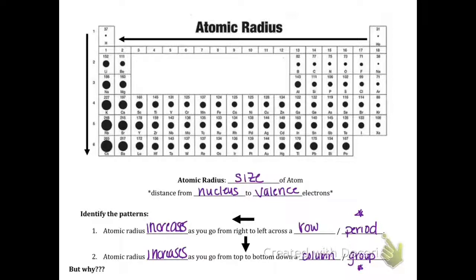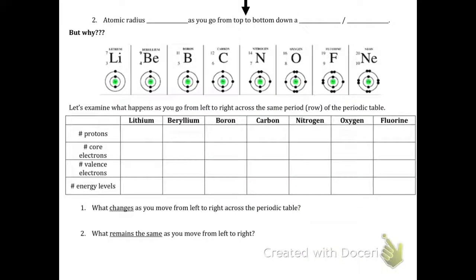The question is why, and this goes back to the previous video where we talked about Zeff and energy levels. So let me explain one more time. Here we have a row, going from left to right on the periodic table, from lithium to neon. Let's write some notes.